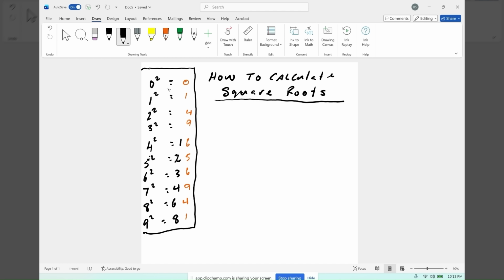So my method of calculating the square root of any number starts with knowing these values I have in this box, where it's common that everyone knows the square root of 0, and everyone knows any number up to 9.